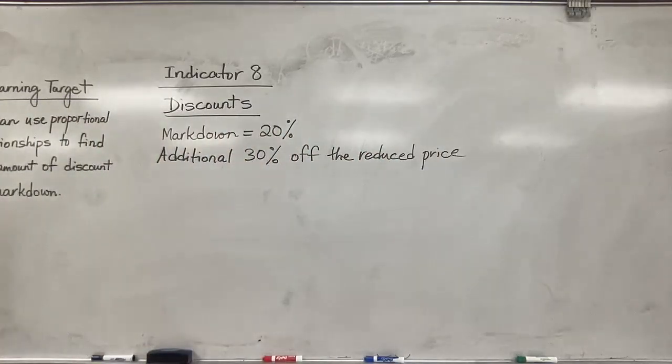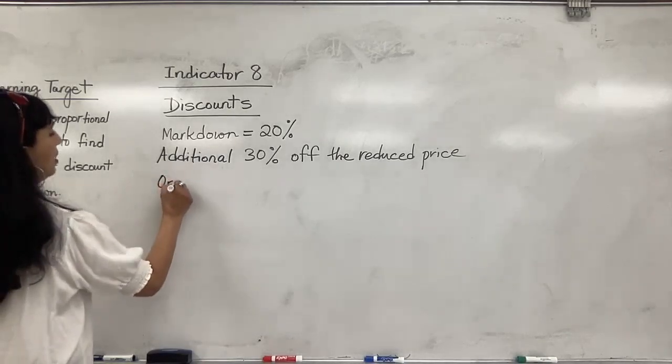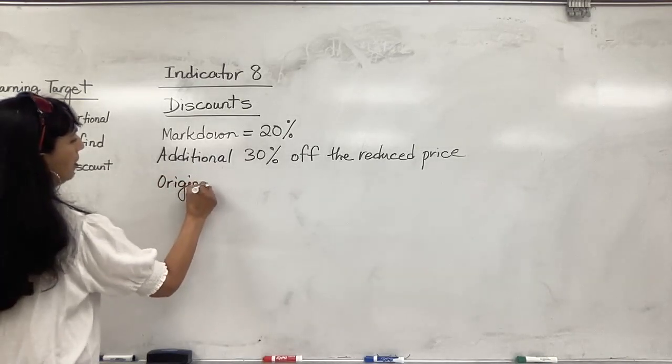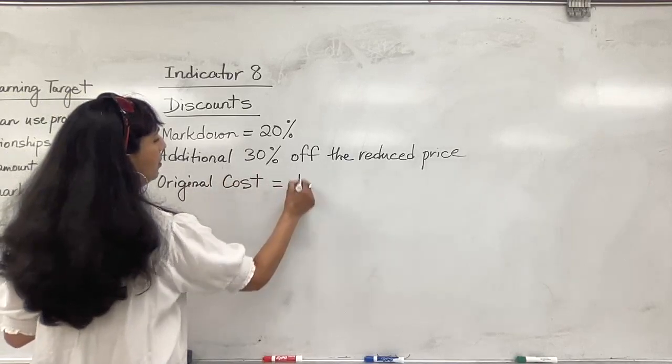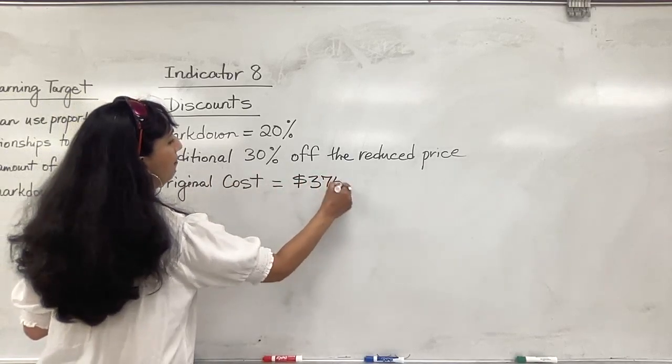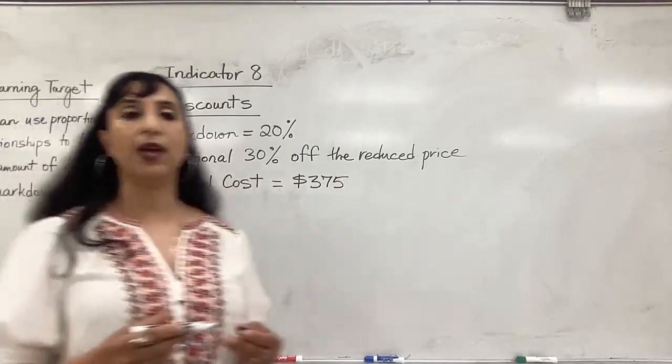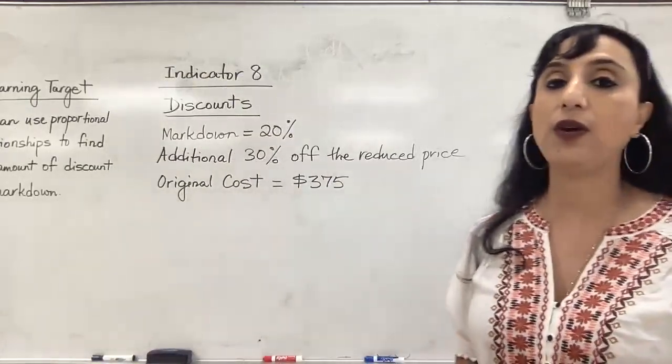A tablet originally sold was $375. So the original cost is $375. So how are we going to calculate this?